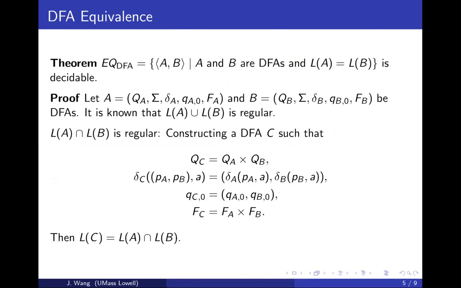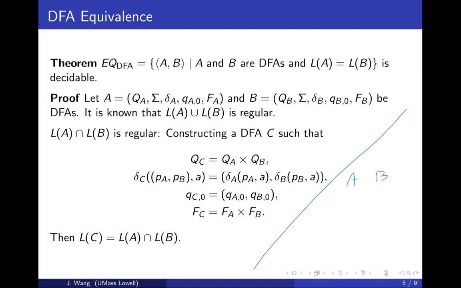Next we're going to look at whether two DFAs are equivalent. That means whether they accept the same language. Doing this is also straightforward. You are given two DFAs, A and B, and I want to know whether they accept the same language.